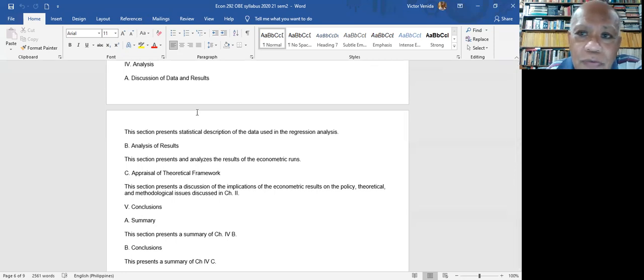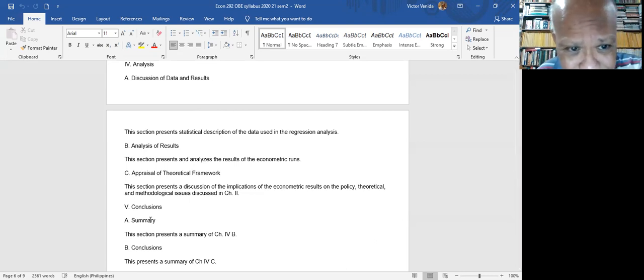If your data are time series or for the panel, it would have, say, growth rates, trends, growth rates per decade, and the like. Okay, so a pure description of the data that was used in your regression.